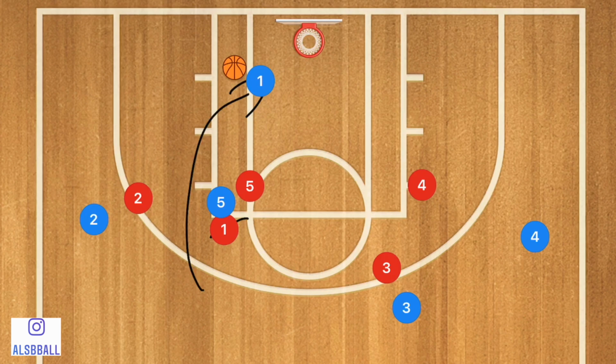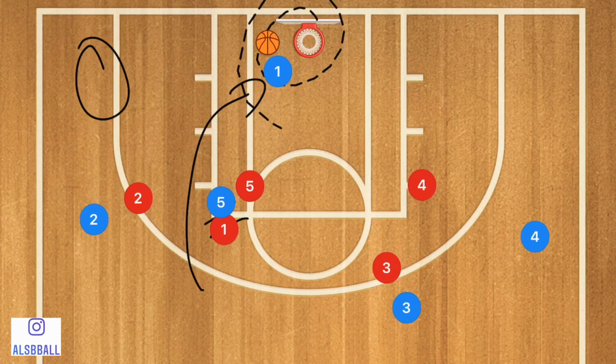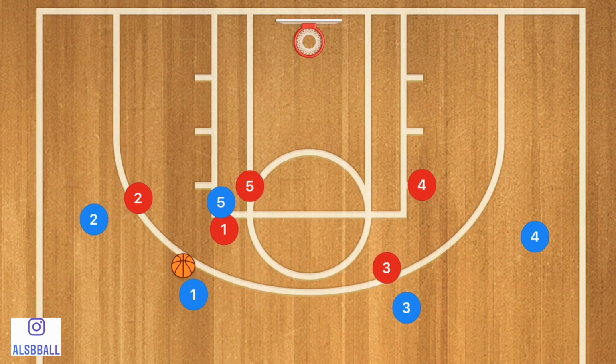If we've already run the triangle or motion offense multiple times in a row, they think we're going to go down here, but with player 5 screening up here, it's just a quick, easy pass and layup. It usually gets us a quick, easy basket pretty quickly.